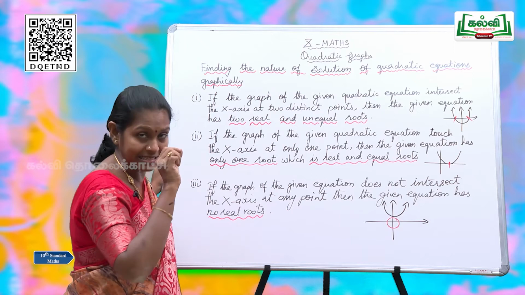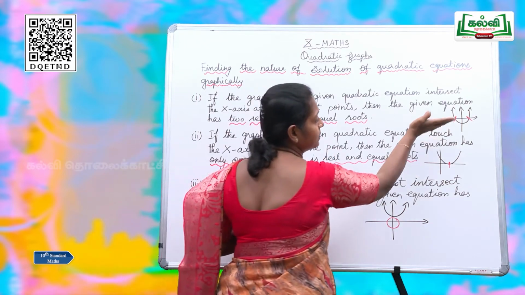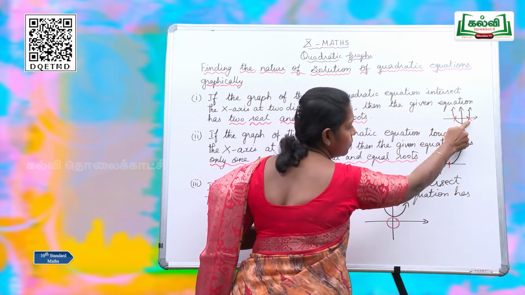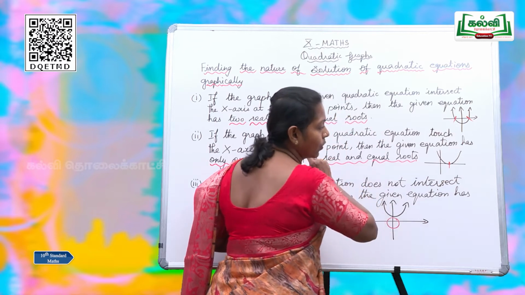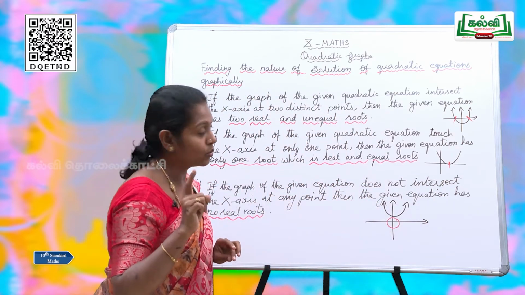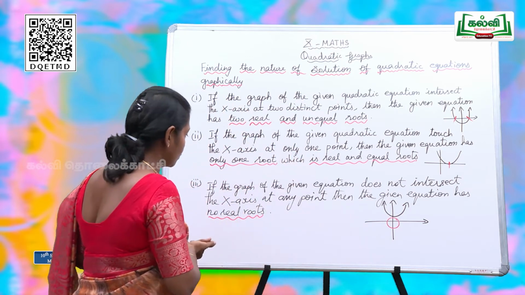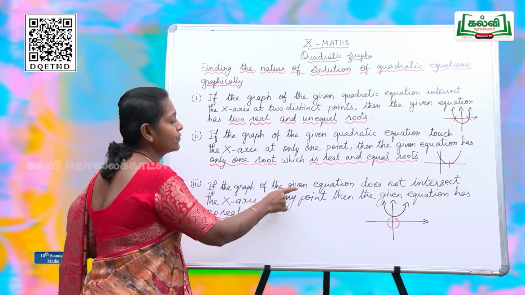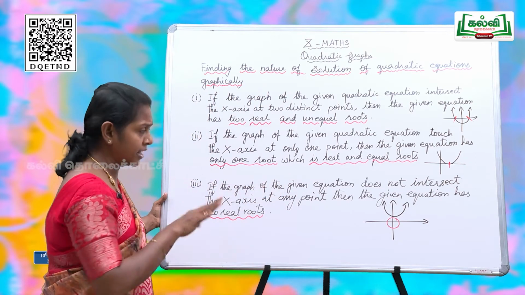It touches the x-axis at only one point. So when you compare with the previous picture, there are 2 points, that means it intersects at 2 points, here only 1 point. So there is only one root, but both are what? Real and equal roots.